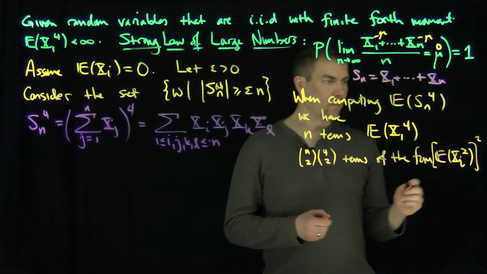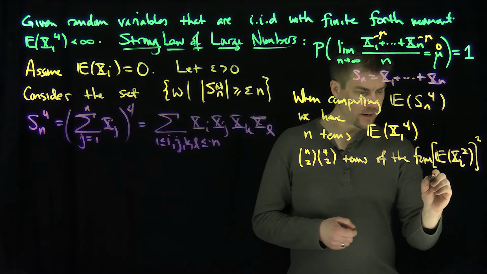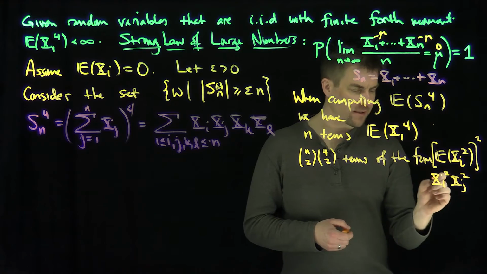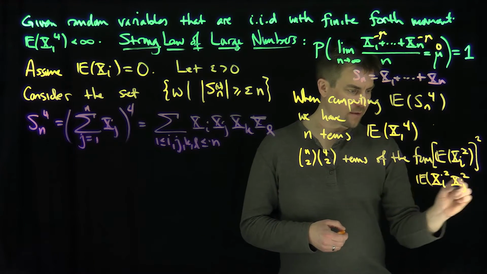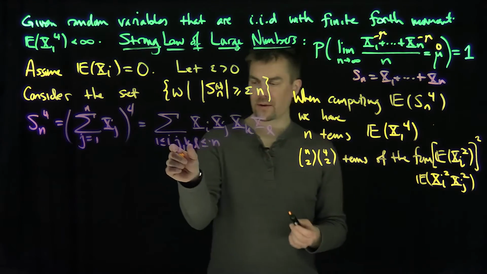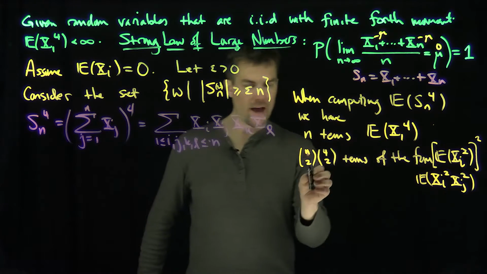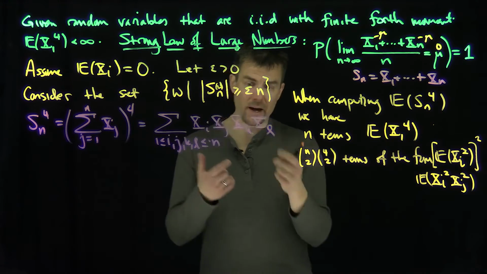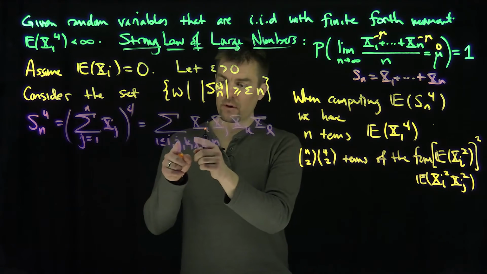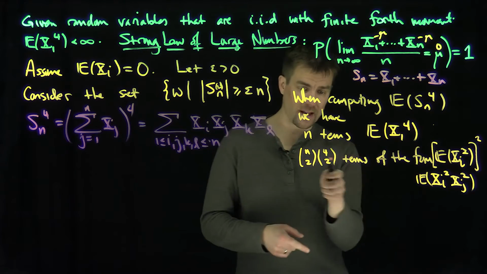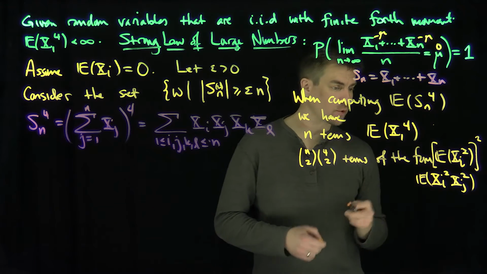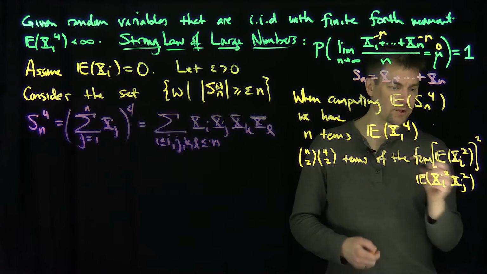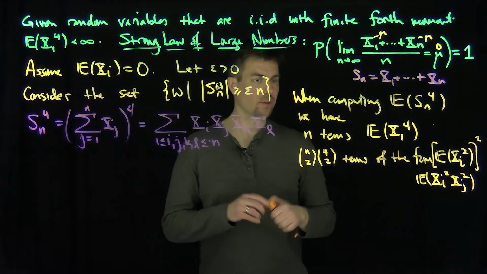That will occur from terms in the product that look like Xi squared, Xj squared. Then using the independence, the expected value of these terms, when you have two of the indices being the same: from the n slots 1 through n, choose two of them, i and j, and then from the 4 of i, j, k, and l, choose two of them. That gives me that many terms, and since you have a finite fourth moment, you also have a finite second moment, so these terms are bounded as well. Okay, so I have terms of those forms.